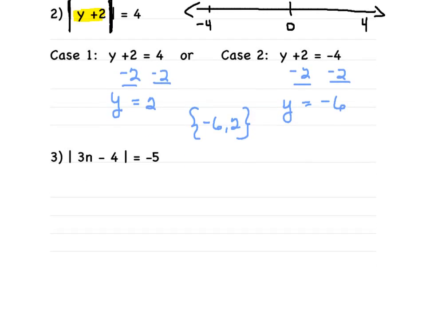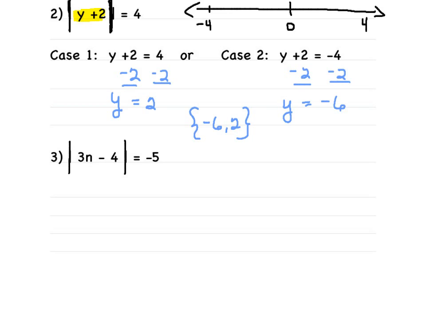Okay, let's continue. Here we go. Number 3. The absolute value of 3n minus 4 is equal to negative 5. Well, let's think about that. Picture a number line with me. We want to know what numbers have an absolute value of negative 5, or are negative 5 units away from 0.